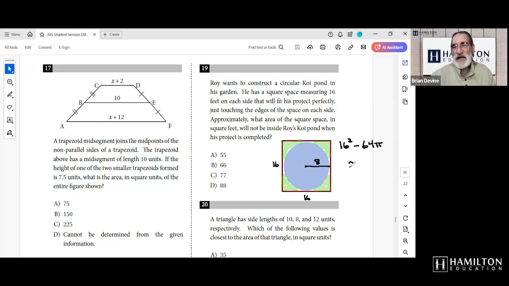And if we put that into a calculator, that comes out to be like 54.93-ish. So 55. It's got about 55 square feet of not water in that square space.